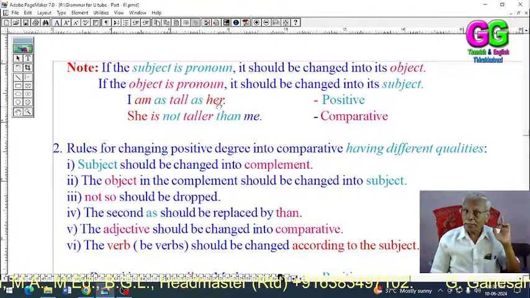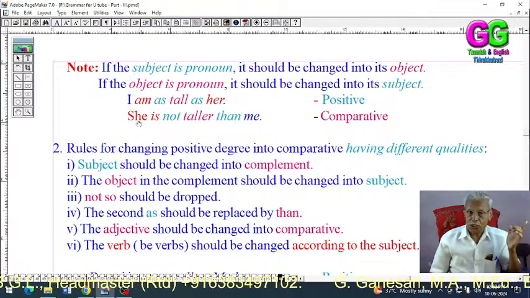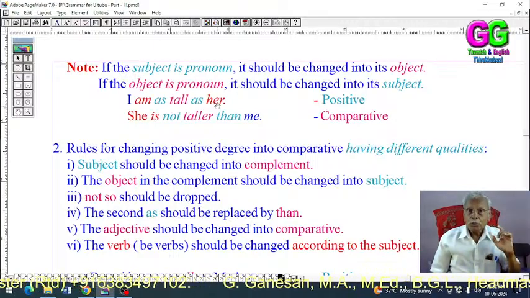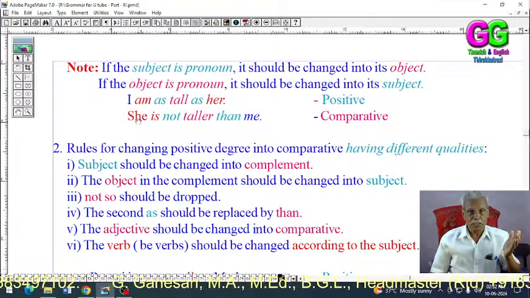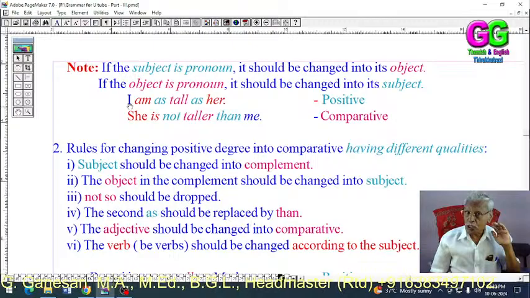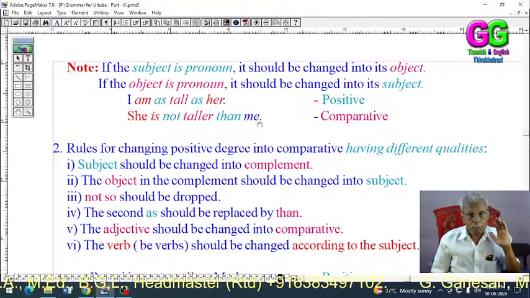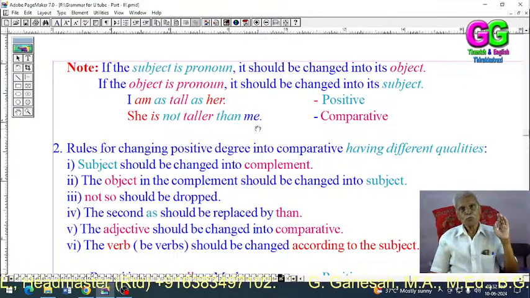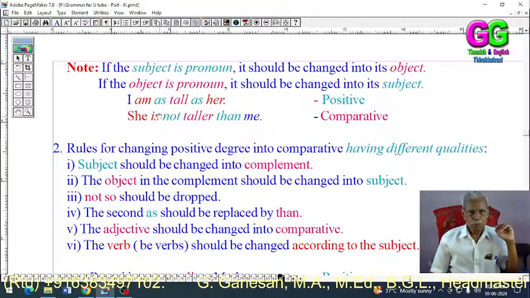The subject form of "her" is "she", so "her" has been changed into "she" and placed in the subject position. Then the subject "I", its object form is "me", so "I" has been replaced by "me" and placed at the complement position. Then other things as we did earlier.